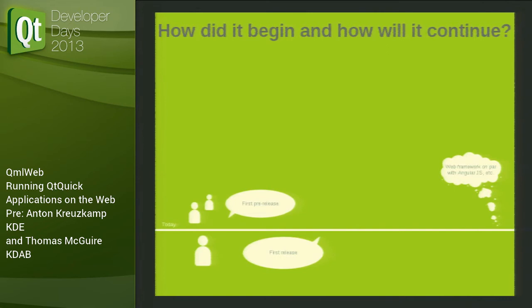So how I would like the project to continue. My plan is that today I find 20 new developers joining in the development of QML Web, implementing features, fixing bugs, and by the end of October we have the first release.